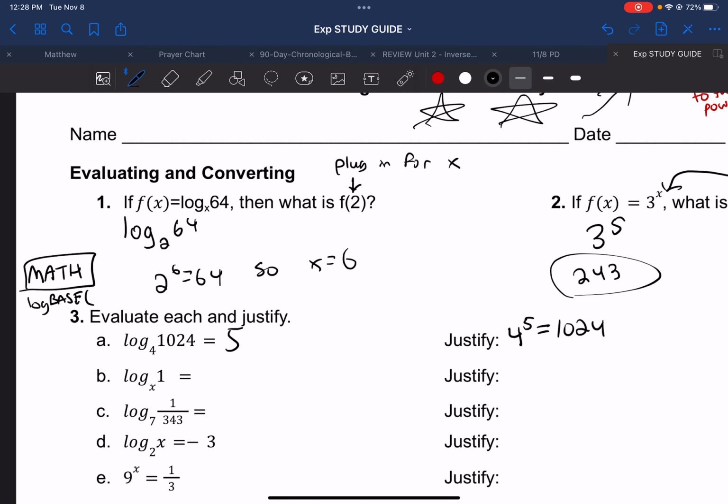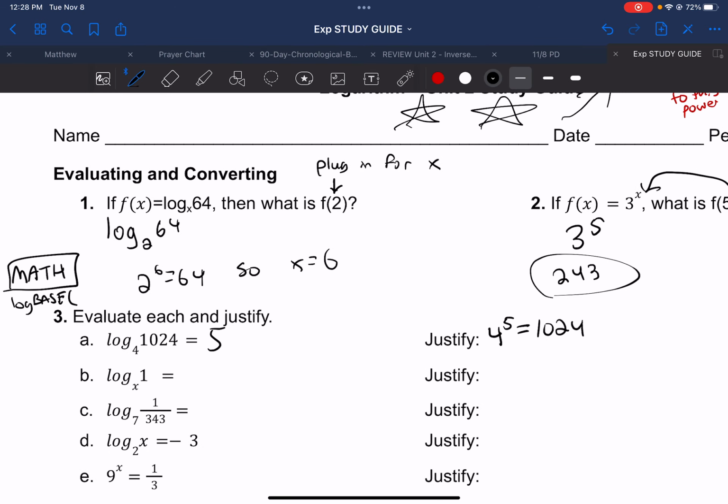So here, let's write out what this is saying. x to the what power gives me 1. Well, obviously a variable to any power giving you 1 doesn't make any sense, except that anything to the 0 power gives me 1.